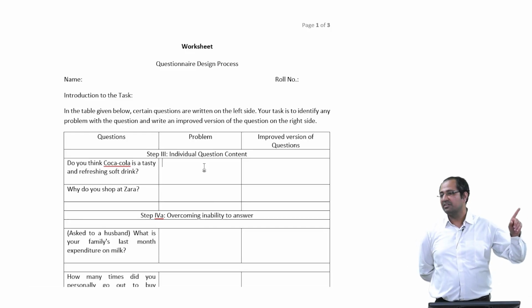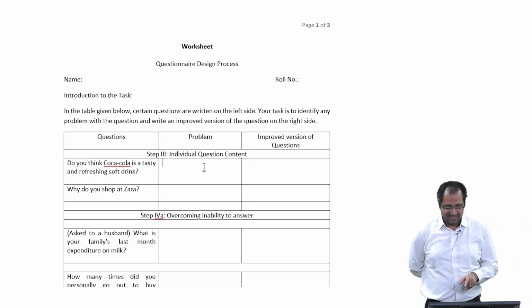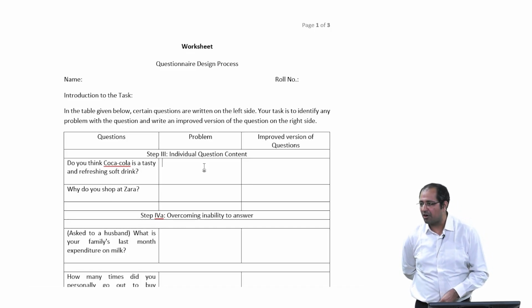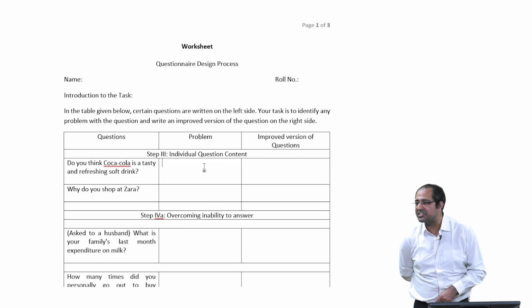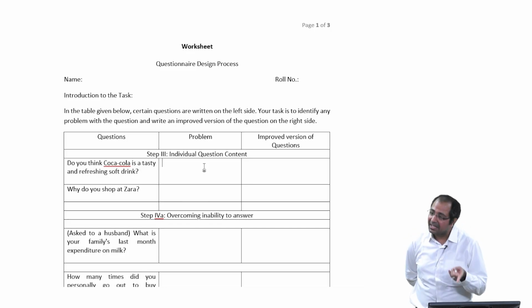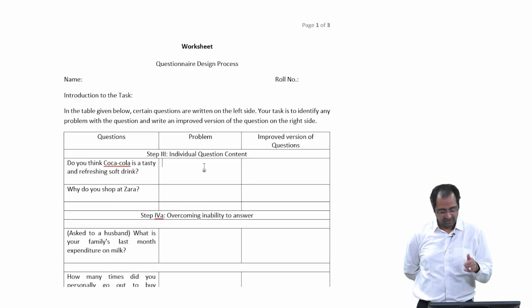So the question is, do you think Coca-Cola is a tasty and refreshing soft drink? If you say yes, it means it is tasty and refreshing. If you say no, it means both.